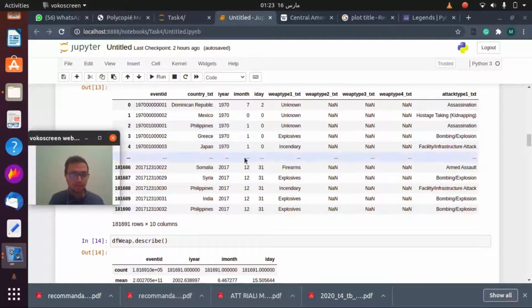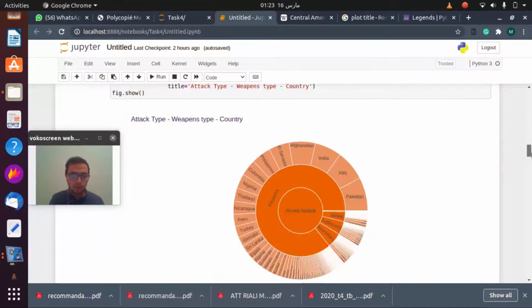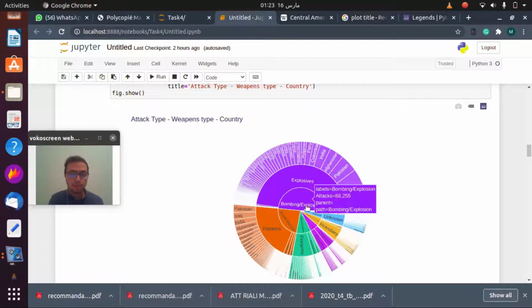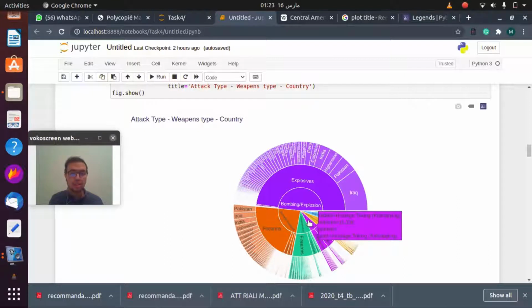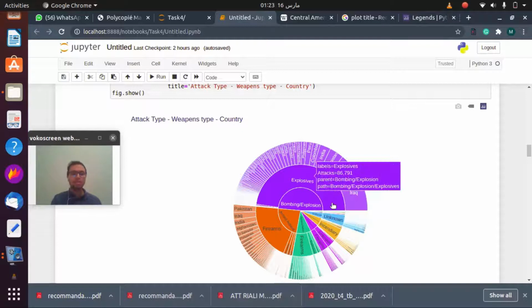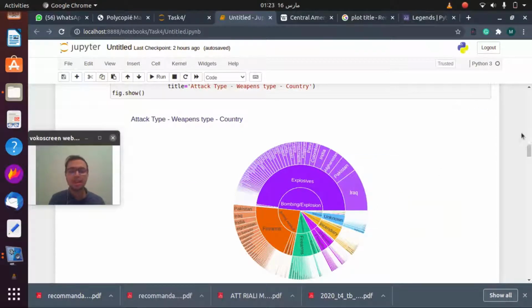Here we have this generated dataset, and here we have the most common attack types: bombing and explosives, followed by armed assault, then assassination, hostage taking, then hijacking or something like that.